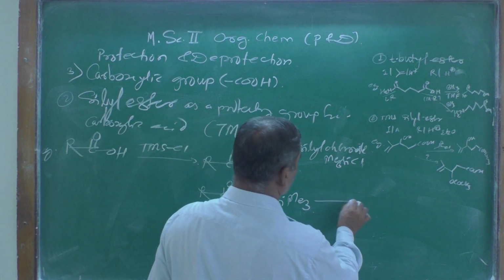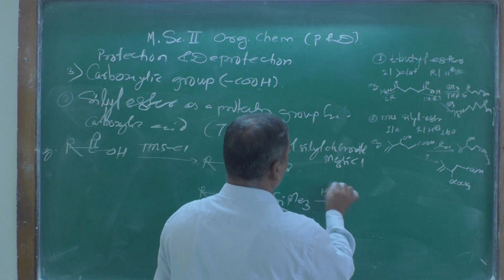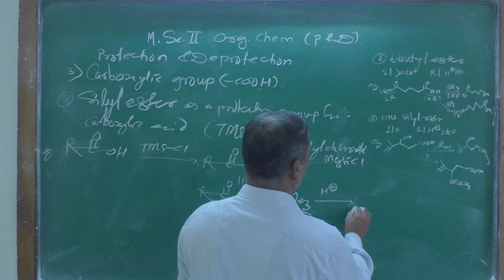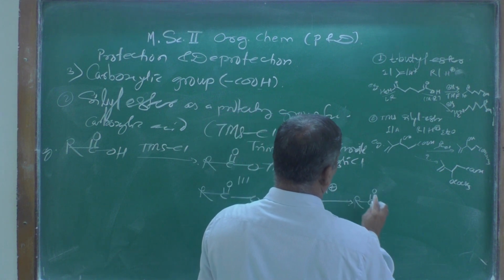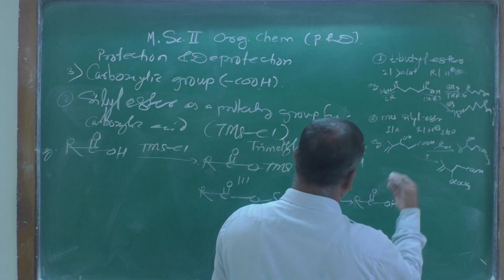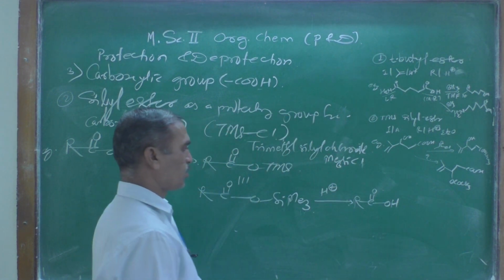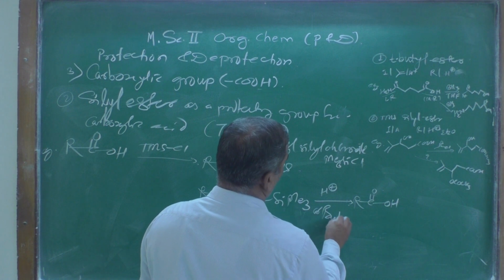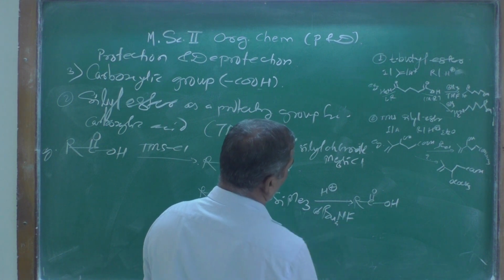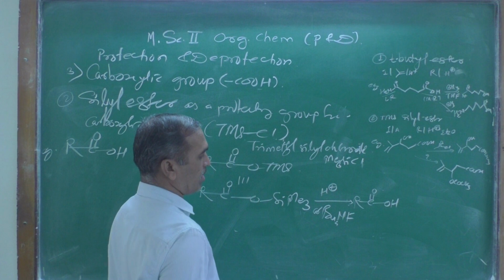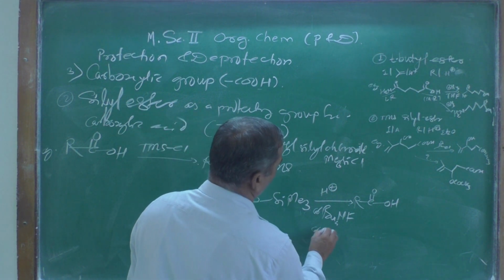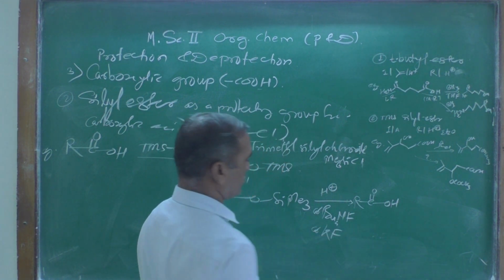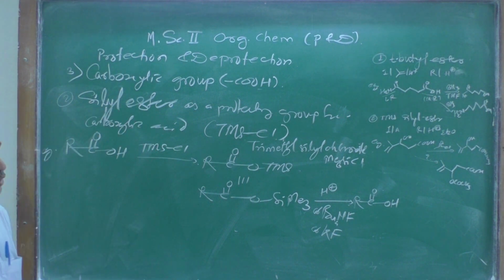If you treat this compound in presence of acid, you will get RC double bond OH. Or we can use Bu4NF, tetrabutylammonium fluoride, or KF, potassium fluoride.